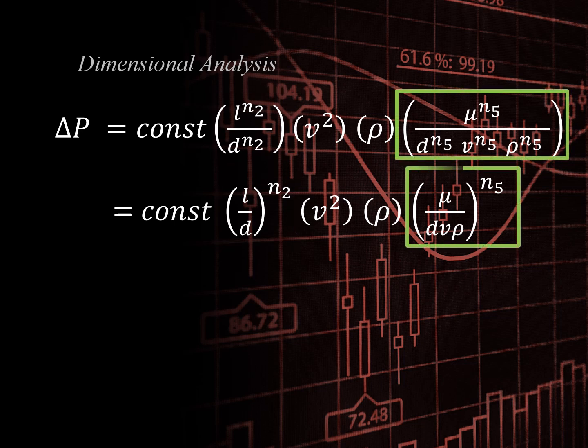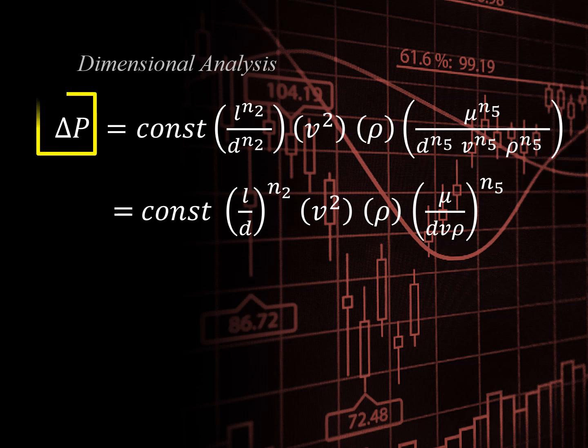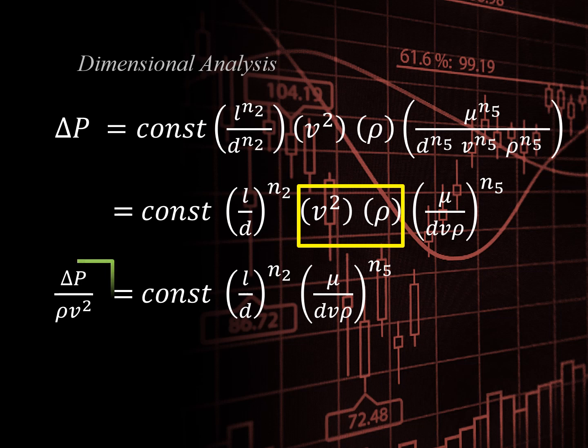Take note also that the left side of the equation has units of pressure. So we cross multiply V squared and rho to the other side so that all the terms are now consistently dimensionless in terms of units.